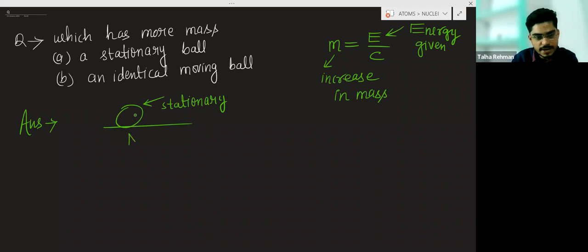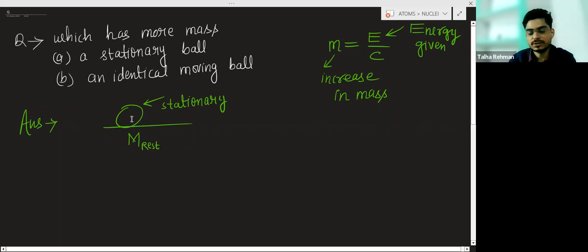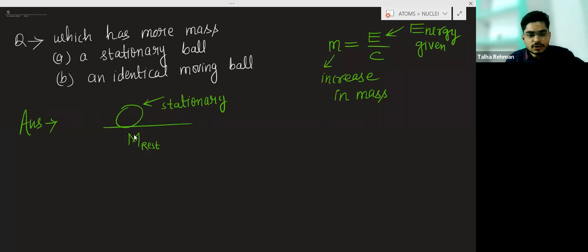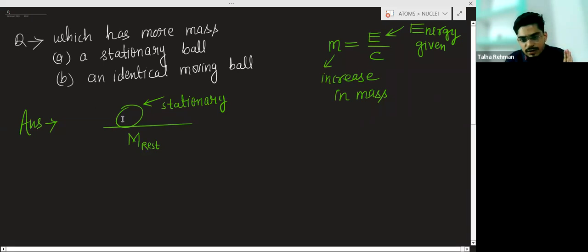Suppose m rest is the mass of this stationary ball, the mass at rest. Now suddenly this ball starts motion.